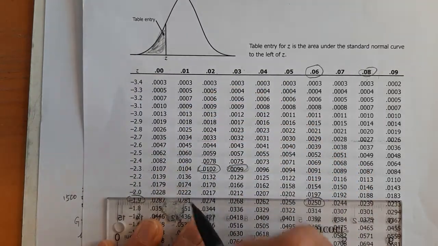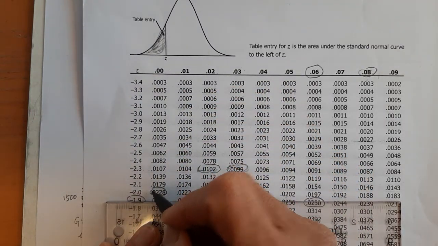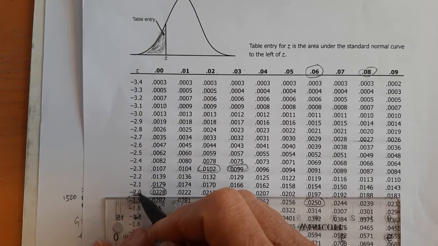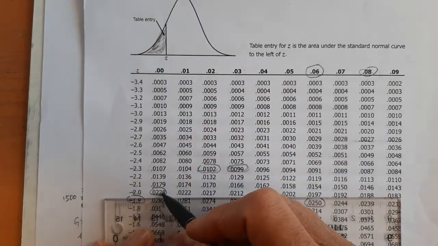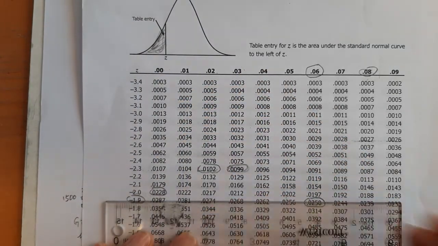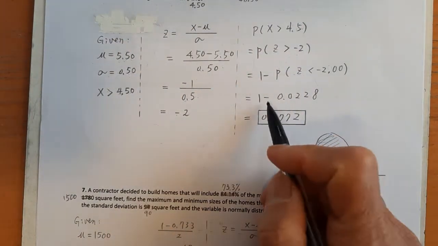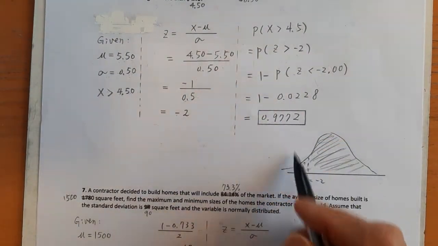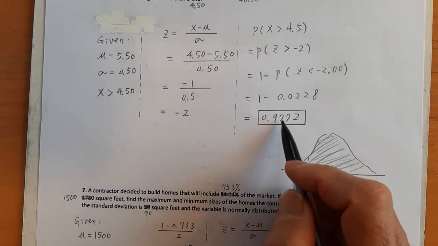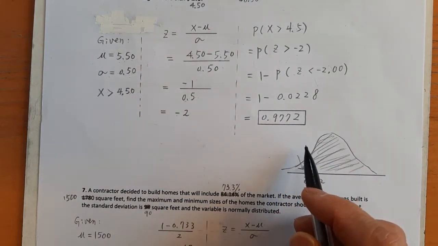Negative 2.00 is 0.0228. So this is 0.0228, and subtract from 1. That is 0.9772.